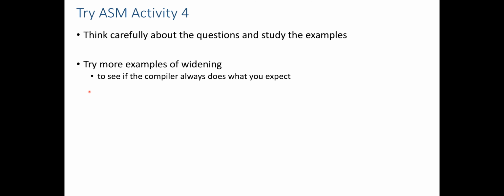Put some other C code in there where you're widening from one type to another and then using it in some sort of expression, and see what you get out of your assembly code when you recompile it. All right. Go ahead and work on that activity, and then you can come back and watch the next presentation.